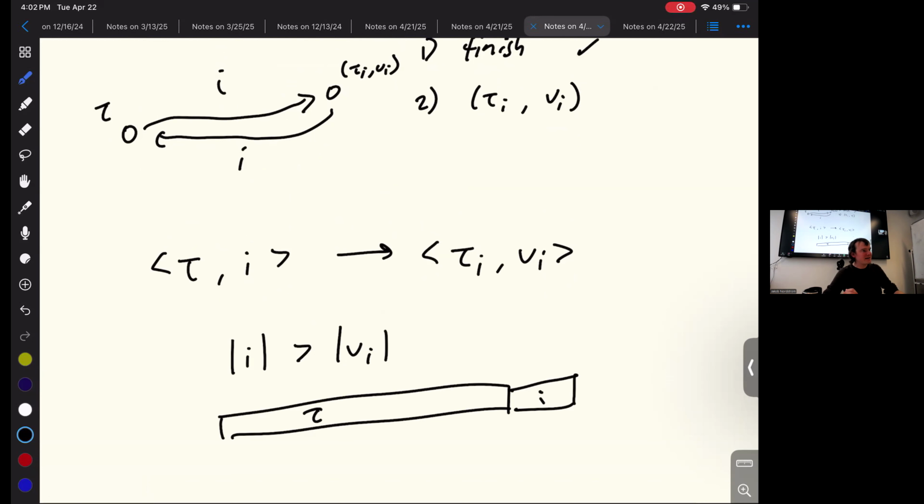Because the number of binary bits to write down this number I is more than the entire configuration, this is good. And why does this make any sense? Because since the size of I is greater than the size of vi, the averaging argument tells us that almost every catalytic tape will only run in less than I steps, right?